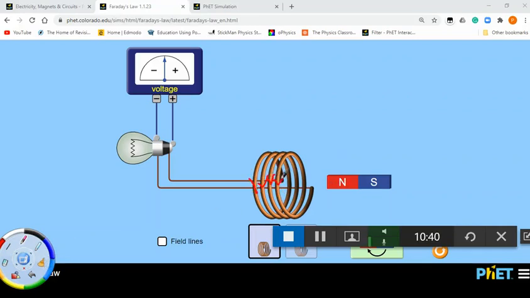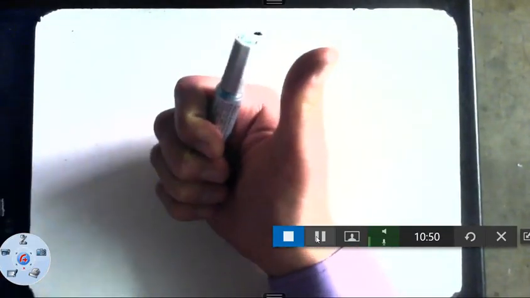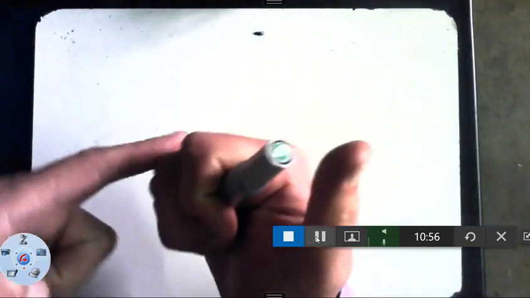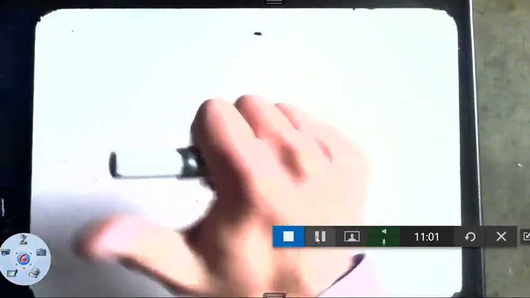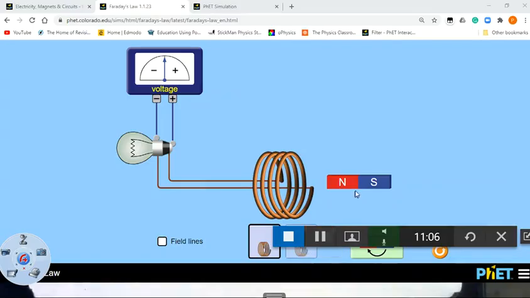Now using the right hand rule for a solenoid, where my thumb points in the direction of the magnetic field in north and my fingertips point in the direction of the current flowing through the solenoid, we can determine the magnetic field produced in the solenoid. So inside this coil, a magnetic field is produced, and that field will always oppose what I'm doing.